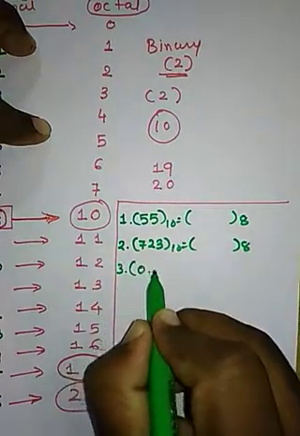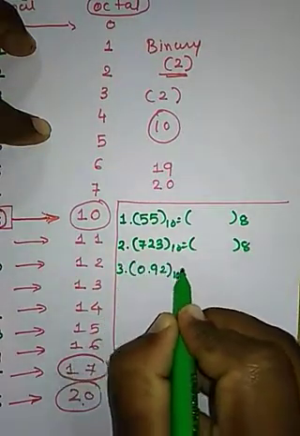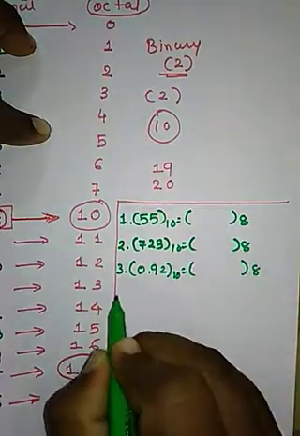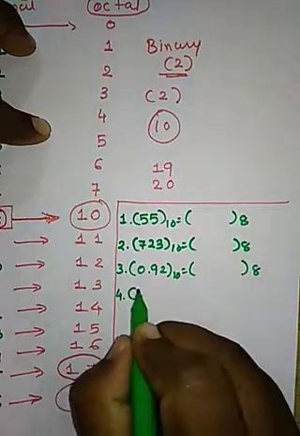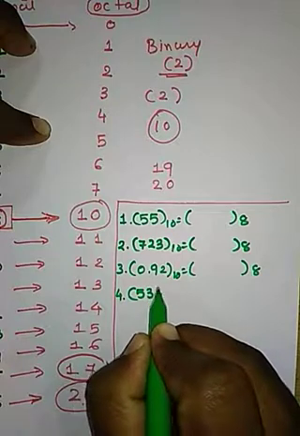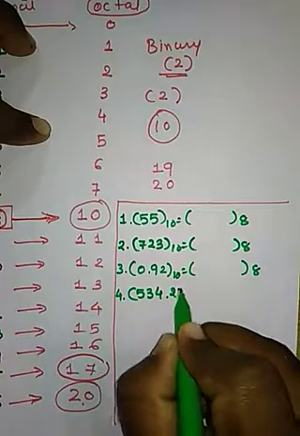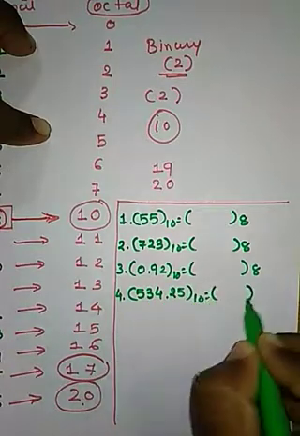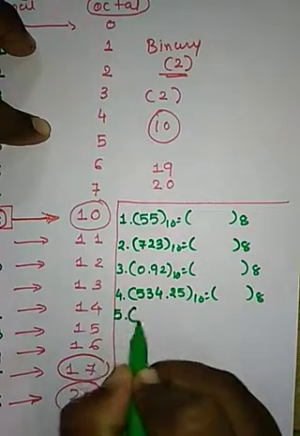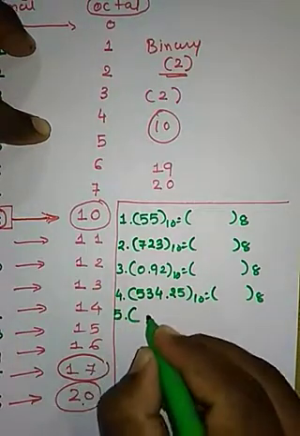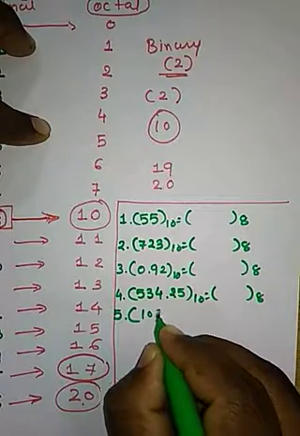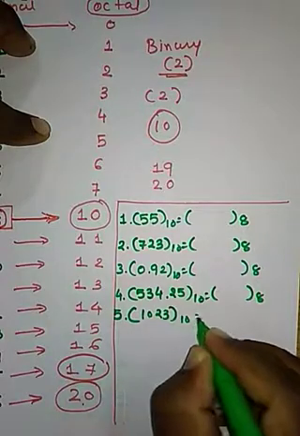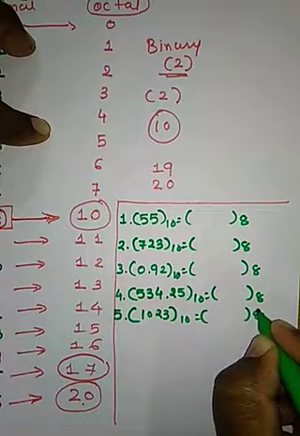Third, 0.92. Fourth, 534.25. Fifth, 1023. Each is to be converted into octal.